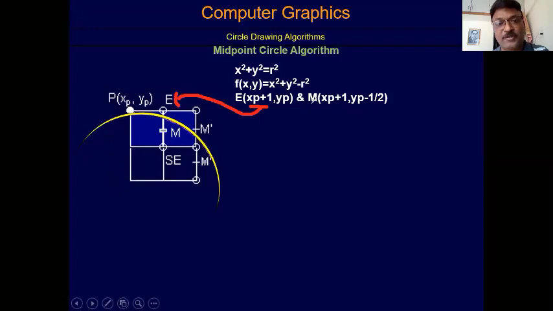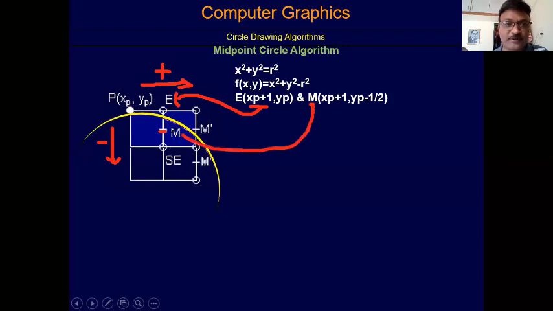Now what are the coordinates of the midpoint? Xp plus 1 and yp minus 1 by 2. Because here I have to go in the downward direction, which is the minus sign, and here in the plus direction, so x is plus and y is minus. So this is the midpoint coordinate: xp plus 1, yp minus 1 by 2.